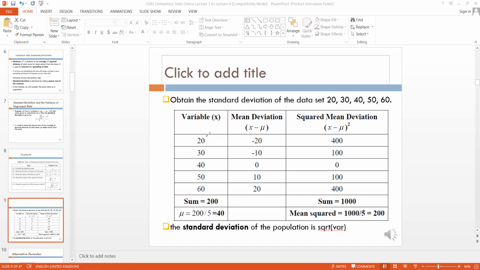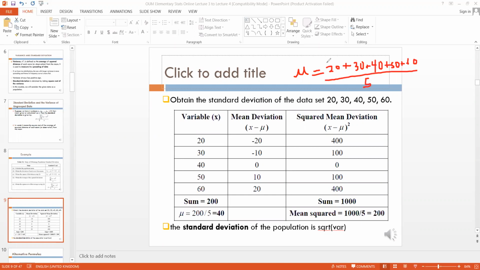Step 1 is to obtain the mean of the data, which is 20 plus 30 plus 40 plus 50 plus 60 over 5.